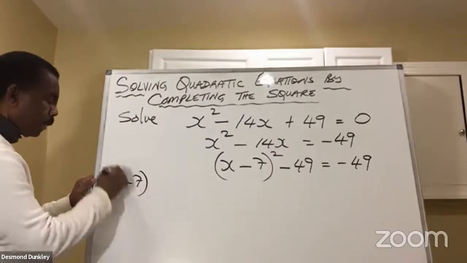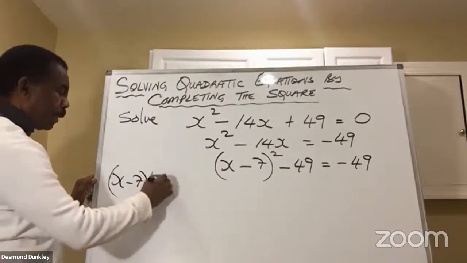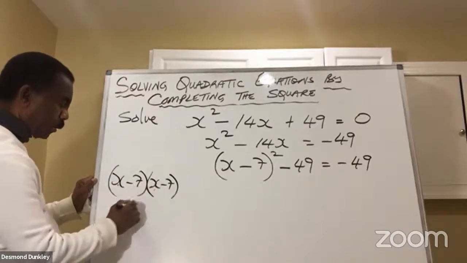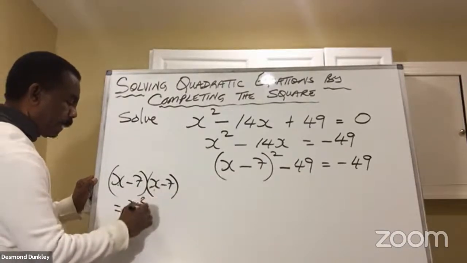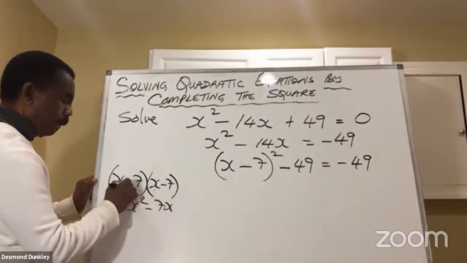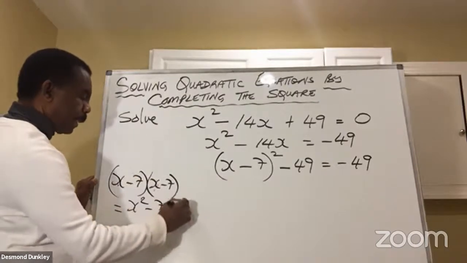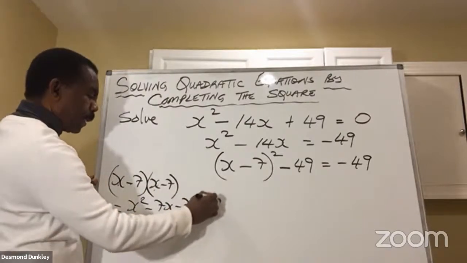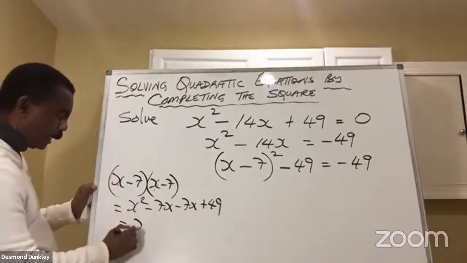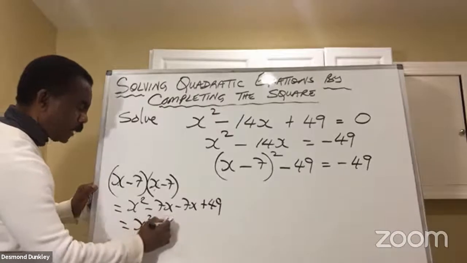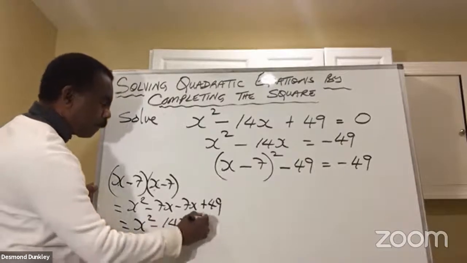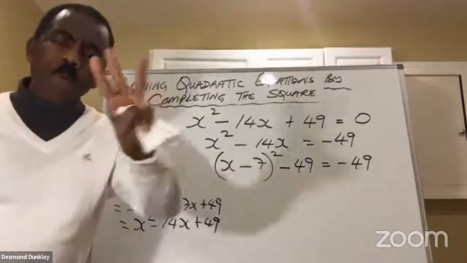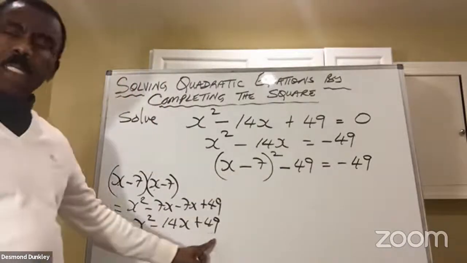x minus 7 times x minus 7, you will get x times x, x squared, x times negative 7, negative 7x. Negative 7 times x, negative 7x. Negative 7 times negative 7, positive 49. Equal to x squared minus 14x plus 49. When you expand this, you get a trinomial, 1, 2, 3.